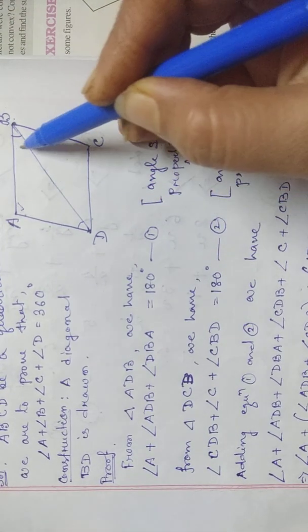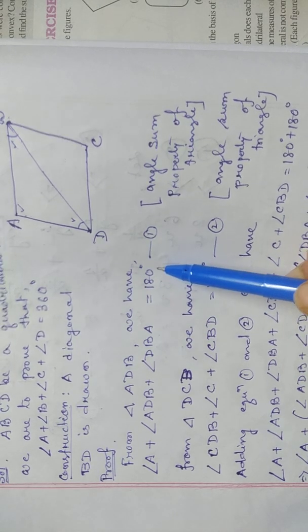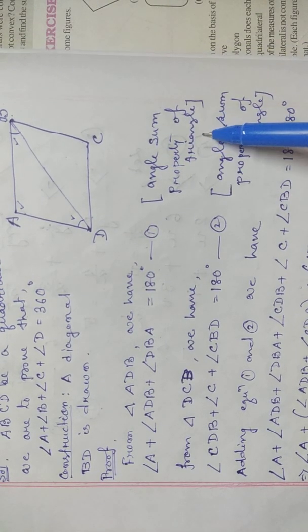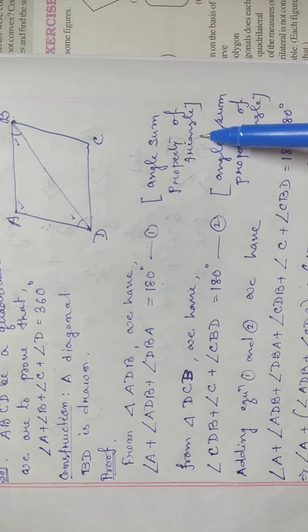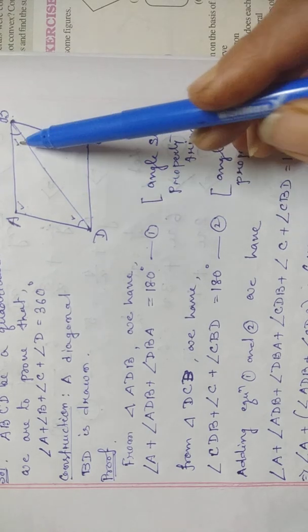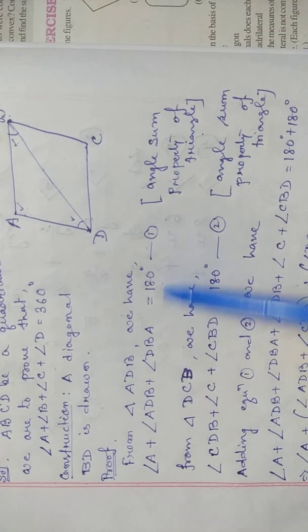This angle plus this angle plus this angle equal to 180 degrees. From where? From the angle sum property of a triangle. The proof of the triangle angle sum property that you did, all three angles of a triangle are 180 degrees. From there we can write this one.